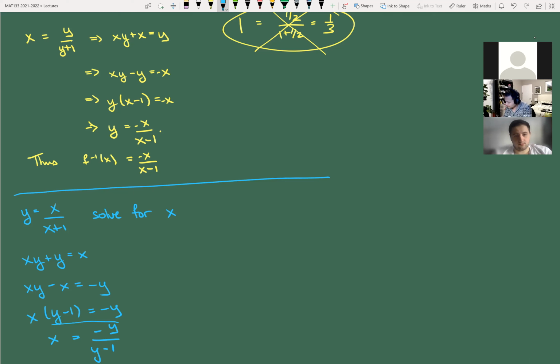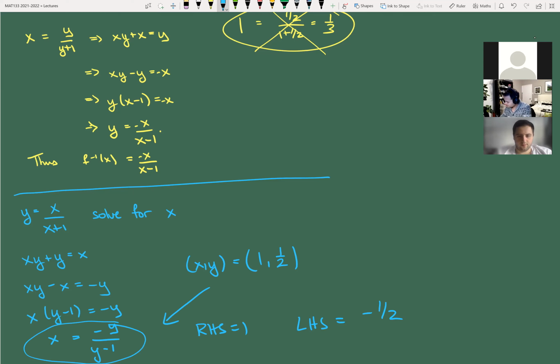But here, I haven't broken my solution. What did we say the solution was? We said the solution was x, y is equal to 1, 1/2. If I plug that in here, I get 1 on the left-hand side. The right-hand side is negative 1/2 divided by 1/2 minus 1, and look at that, that is equal to 1.